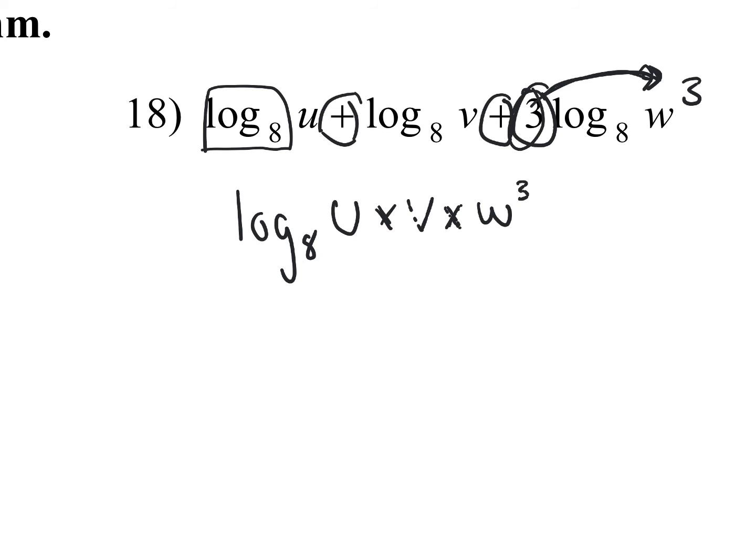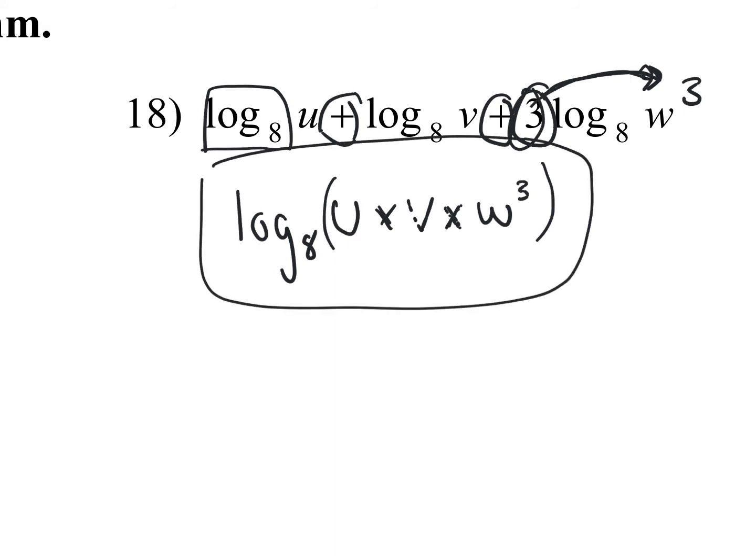And that would be our answer. You'll probably see it in parentheses like this, but it doesn't really matter. You could write it with or without it, as long as you have everything being multiplied. That's the important part. To condense, you multiply. Any questions here?